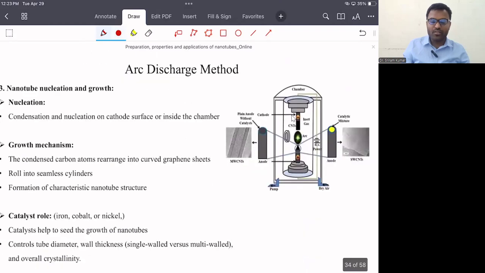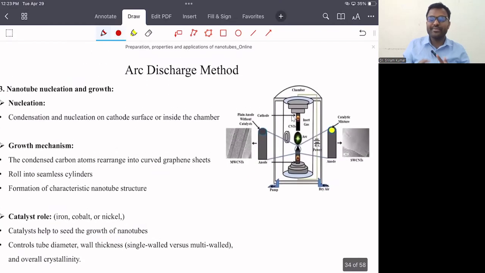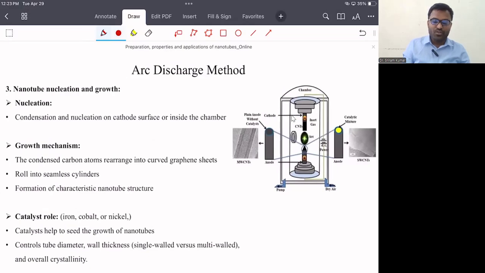Okay, now let's understand what is happening once we get the plasma. We need to understand carbon nanotube nucleation and the growth process. Once we get the plasma here, and we have the cathode here, the vaporized carbon atoms get deposited on the cathode material.